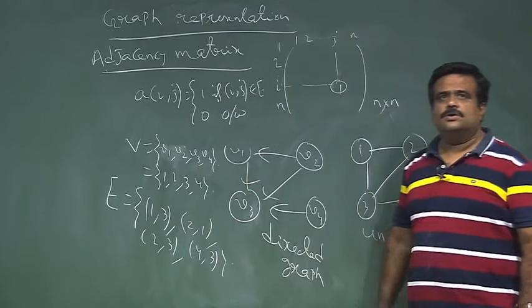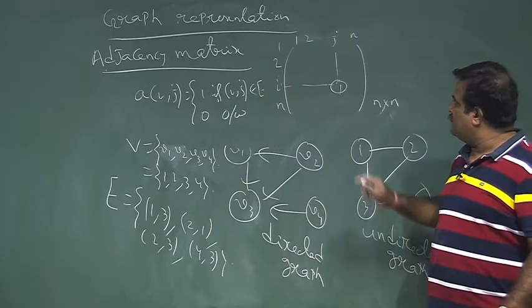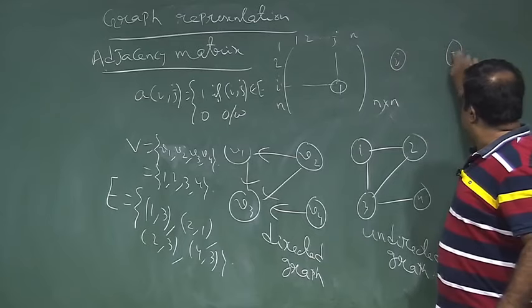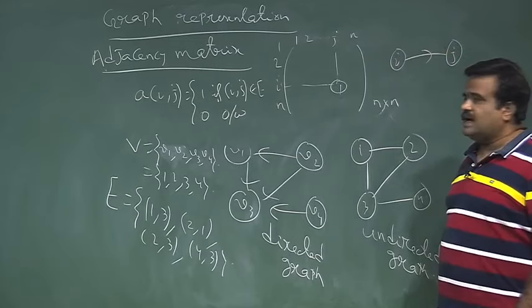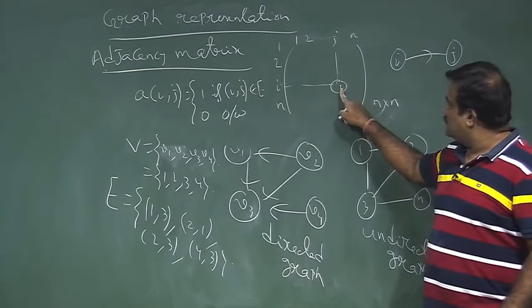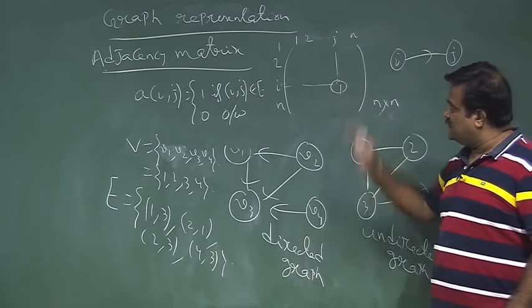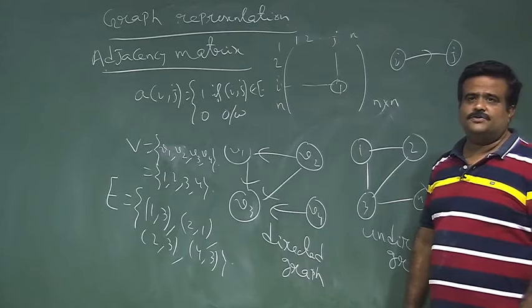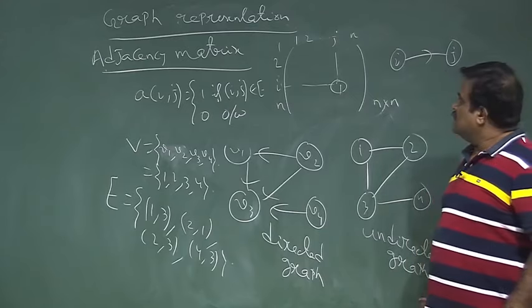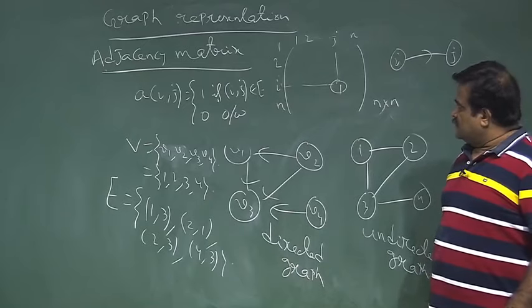If we have an edge from i to j, then that corresponding field will be 1 in the adjacency matrix, otherwise it will be 0, which means there is no edge from i to j.